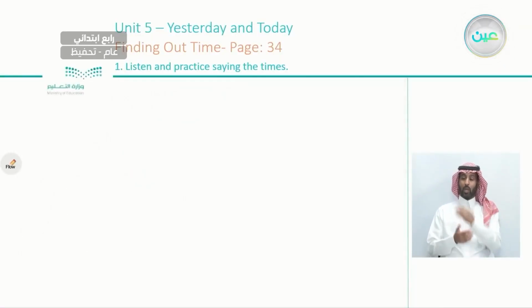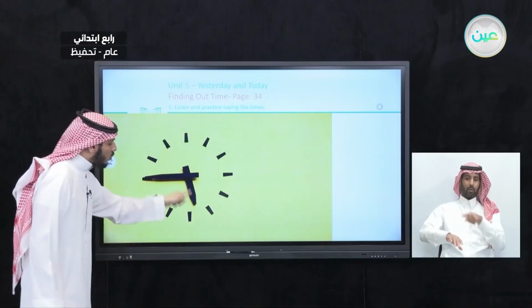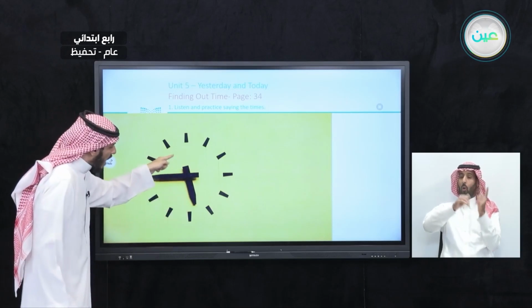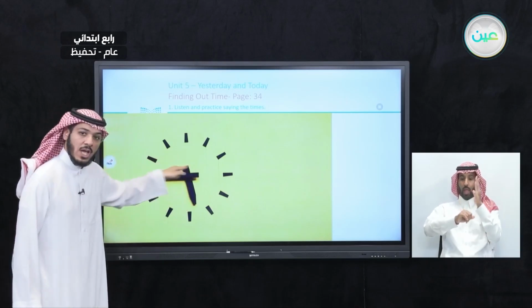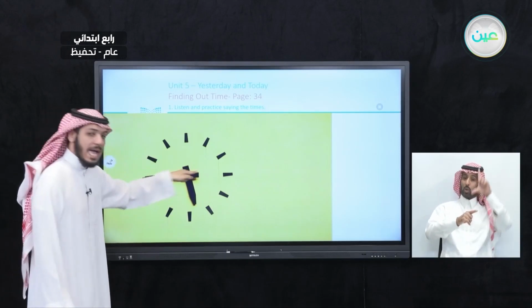Okay, now how do we read the clock, the time? So this is a clock. We have a clock here, okay? And now we have two hands. We call those hands. So we have a short hand and, yes, a long hand. So we have short and long.